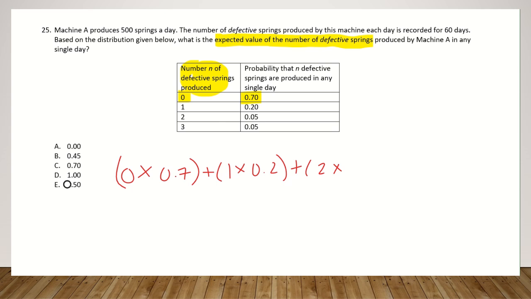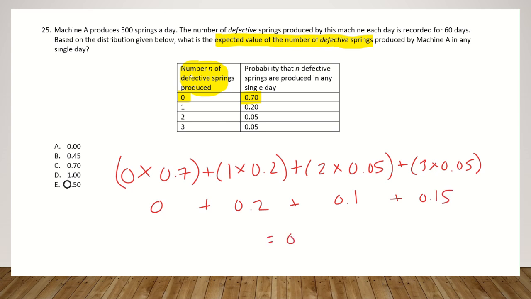Next value times its probability. And then our final value times its probability. Okay? So multiply those in a calculator, and then add them all together, and we get 0.45, so it is choice B.